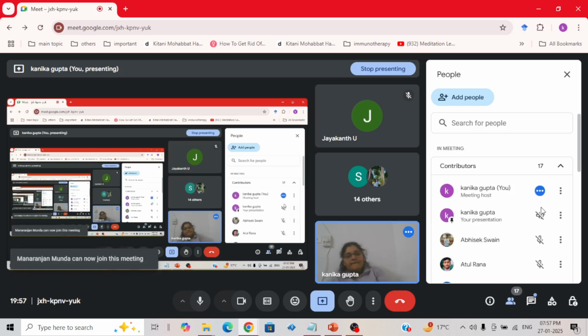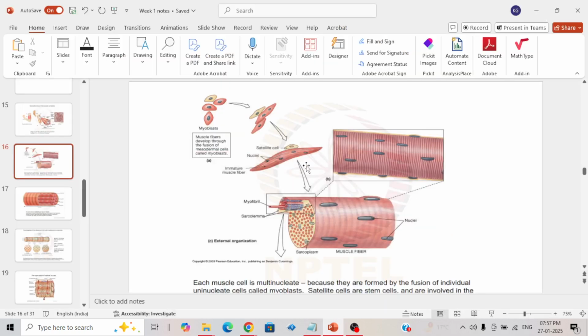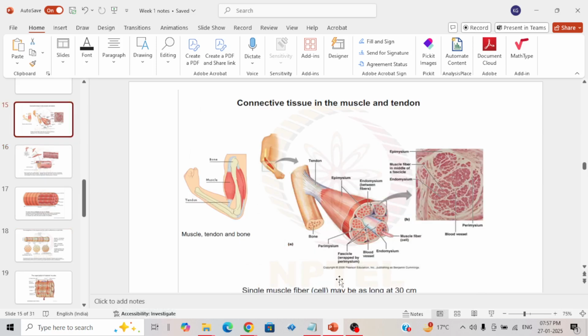Okay, and the covering of a fascicle is called as? The connective tissue is called? Endomysium. Sorry, no, it's perimysium. I'm asking about fascicle.